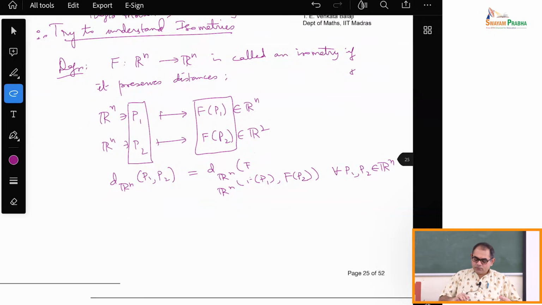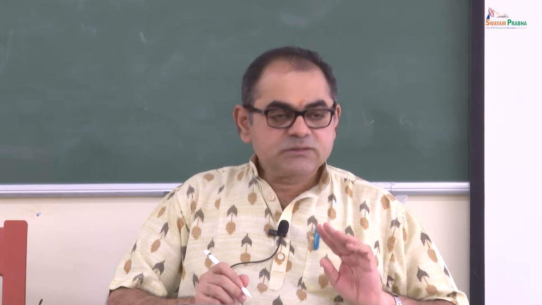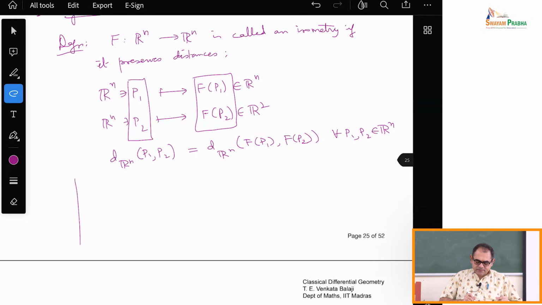Now there is a way of writing this using vector notation. So let us do the following thing. We will follow this business of identifying. I am drawing 3 space here, but what I have written is for any Rn.